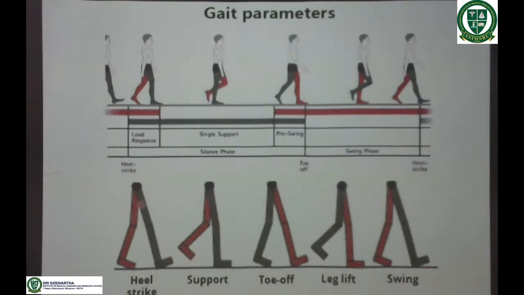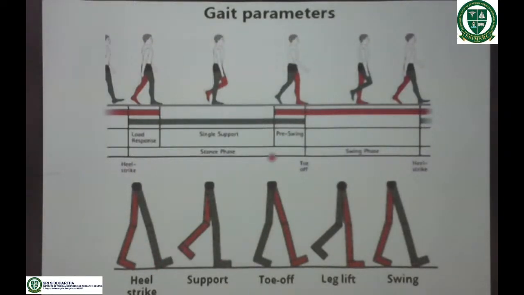Like that, the same is happening in the left leg also. Here, this is a heel strike. Here, this is a toe off. Here, this is a leg lift. Here again there is a heel strike. This is in the right, explaining in the right. Then support, then again toe off. Simultaneously it is happening in the right and the left leg.